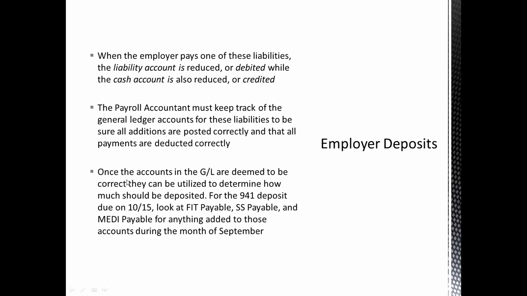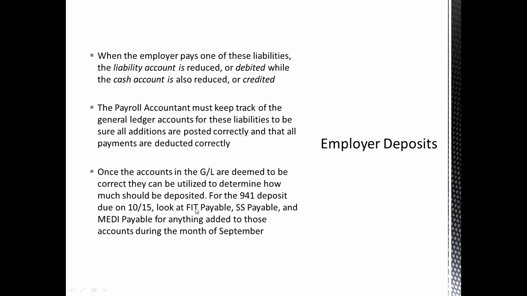Once you've decided that the general ledger, all the journal entries were put in correctly and they were posted correctly, then you can use that general ledger to decide how much to deposit. For the 941 deposit due on October 15th, you're going to look at the FIT payable account, the Social Security payable account, and the Medicare payable account for anything added to those accounts during the month of September.